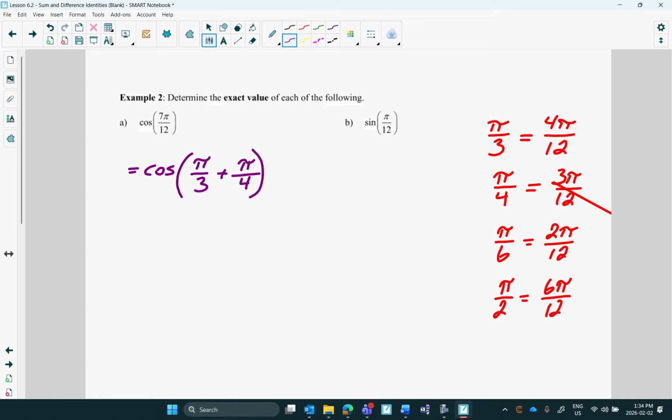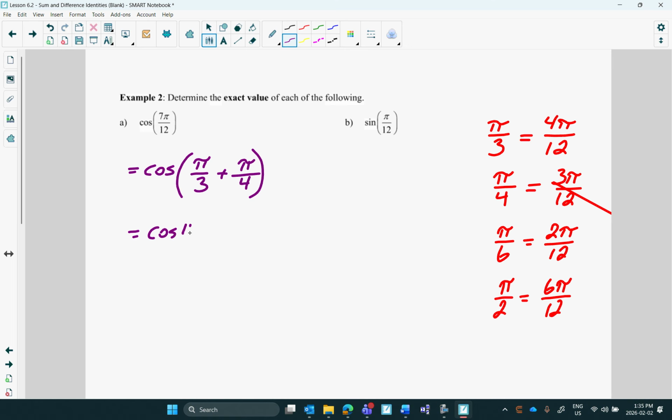Now let's use our formula sheet again. This is the cos sum one, right? Because it's cos of a sum. How do I expand this out? Cos A cos B, so it's cos cos minus sine sine.